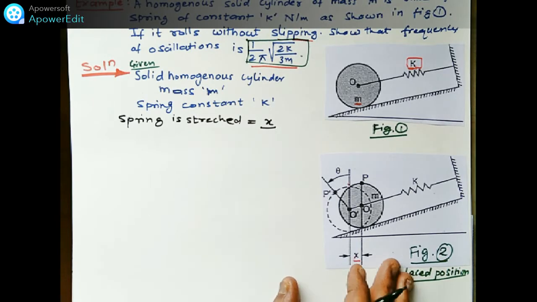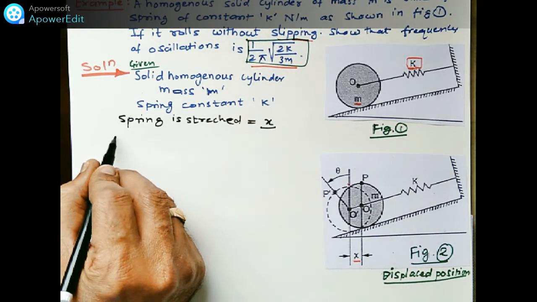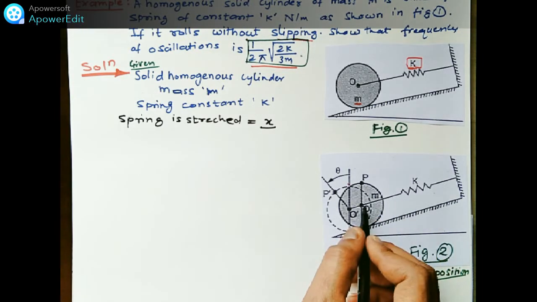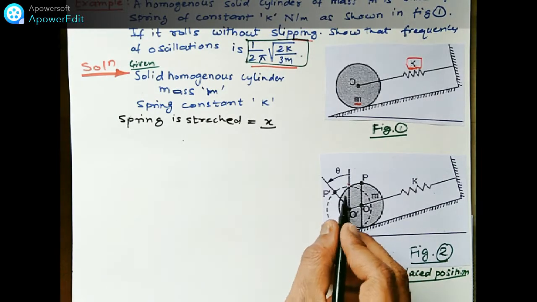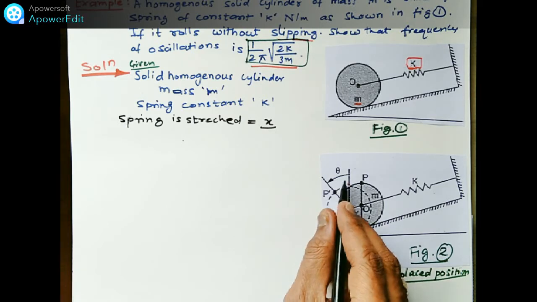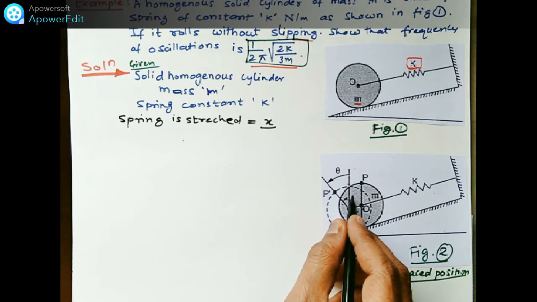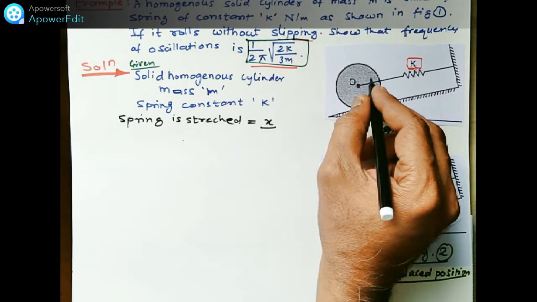From this we can write the deflection of spring. We can also calculate the deflection of spring x by using this triangle. Theta we know, and r is also given to you.